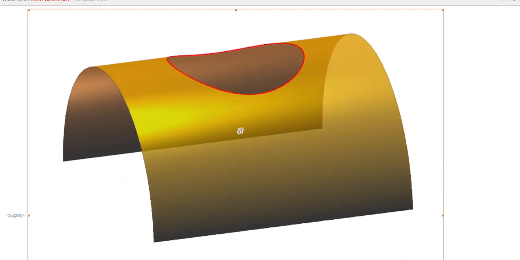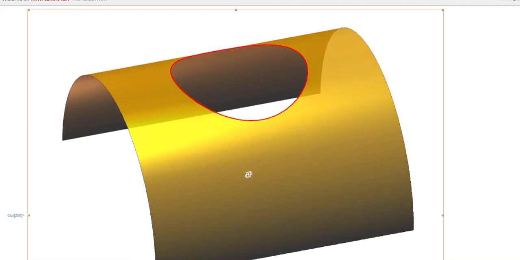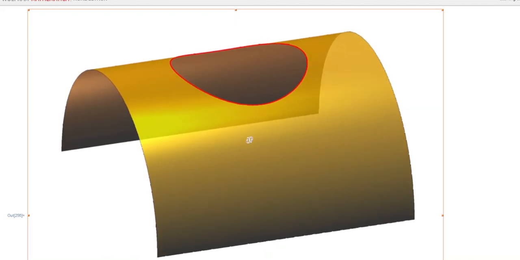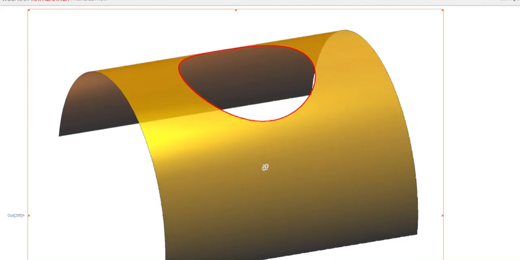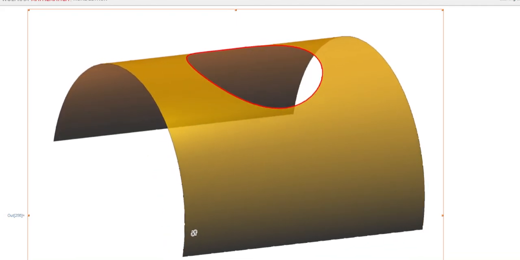Another thing, if you're looking at it from a pretty, let's say, vertical view angle like so, you can never form a cusp.